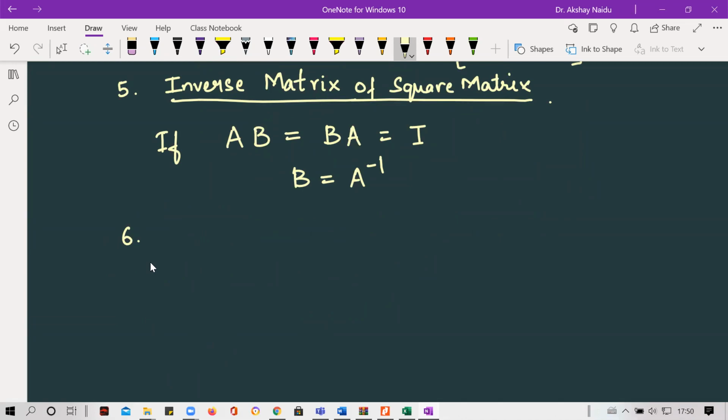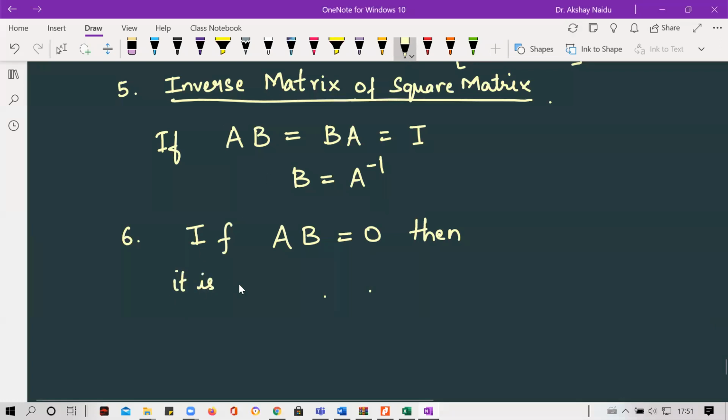Next. Okay, tell me this. If A into B is equal to 0, then what does it mean? Any matrix should be a null matrix. All right, then. Okay, very important.